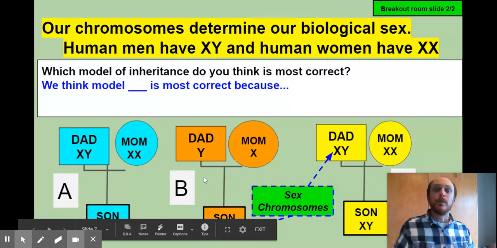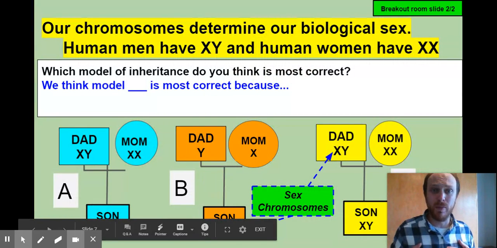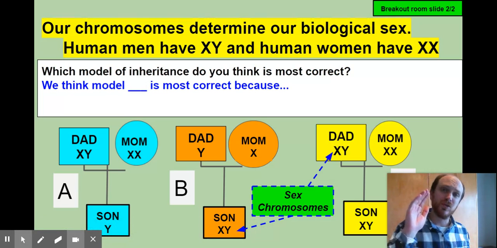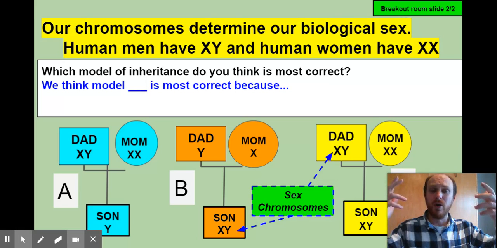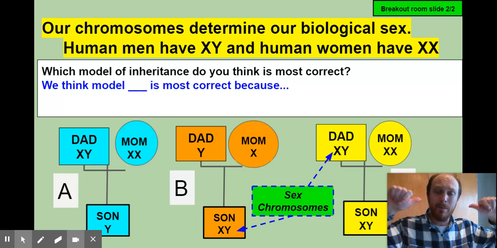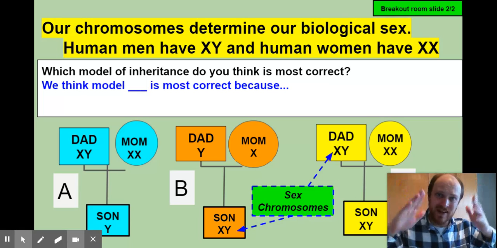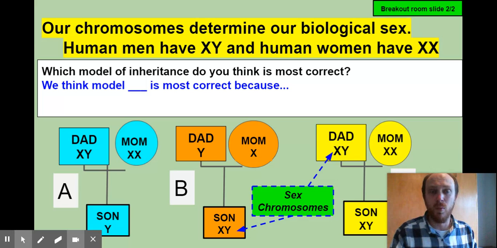Next slide. Our chromosomes determine our biological sex. We have 23 pairs of chromosomes. 1 pair we call our sex chromosomes. They are X and Y. I'm a human man, and so I have an XY chromosome. Human women have 2 X's.